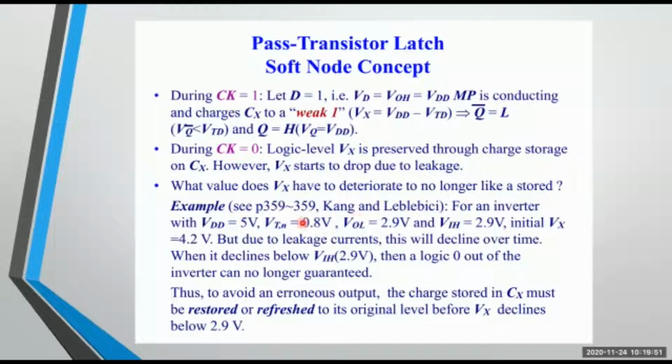In this example, an inverter is given where VDD is equal to 5 volts, the threshold voltage of the N transistor is 0.8 volts, VOL is 2.9 volts and VIH, the input high, is 2.9 volts. In this case, the initial Vx is equal to 4.2. Let us see what happens. Due to the leakage current, this will decline over time. The charge stored in the capacitor will gradually go down over some period of time.